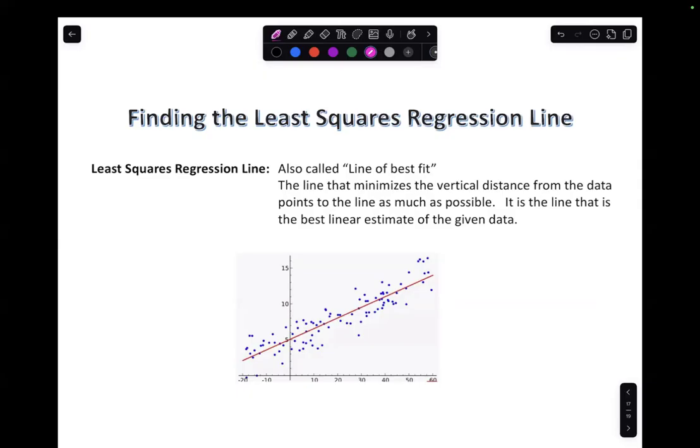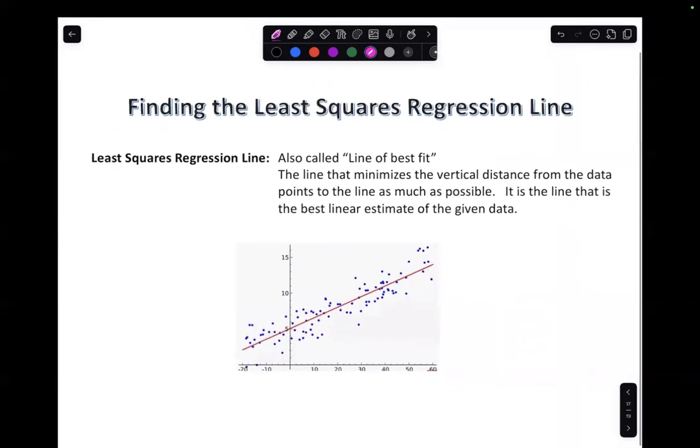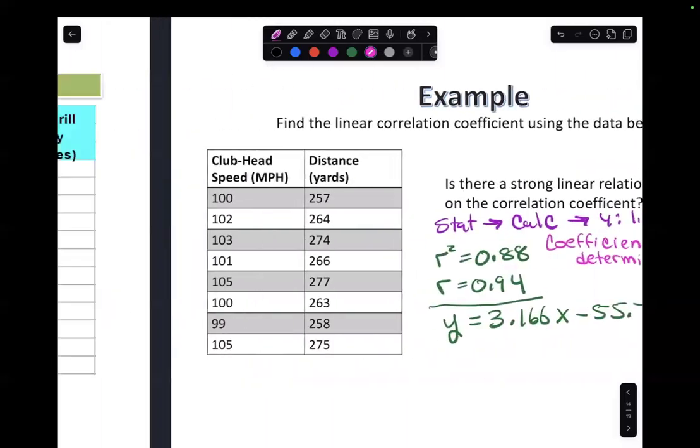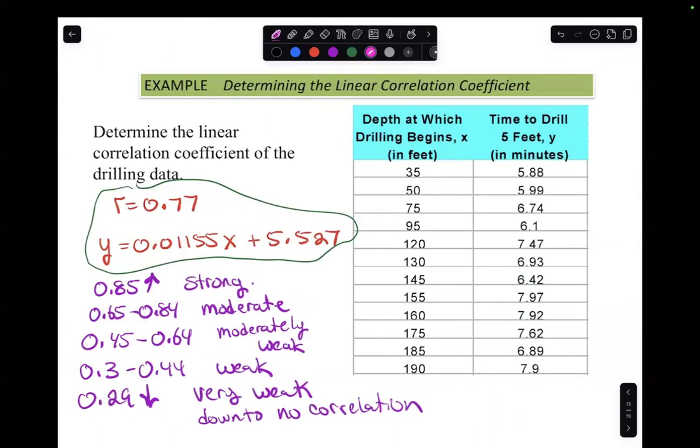So it's just the best estimate. And that's the line that we already found. Going back here, this line right here is the least squares regression line. It is the line of best fit, the line that best fits our data so that we can use it to make predictions.